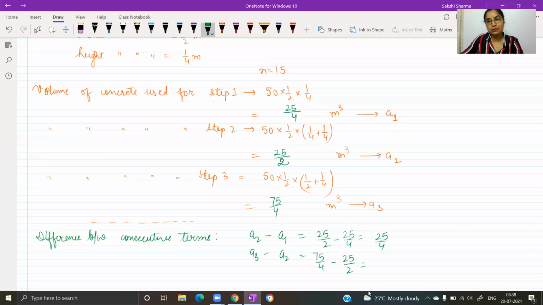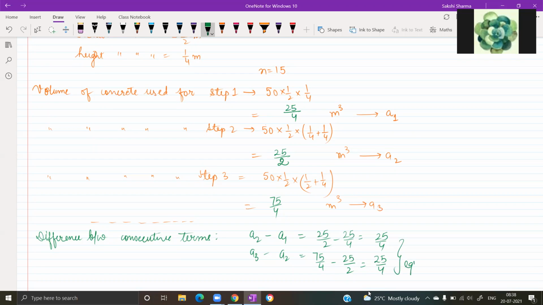This again is 25 by 4. So this is equal, and this forms an arithmetic progression. The first term is 25 by 4, and the common difference is also 25 by 4.